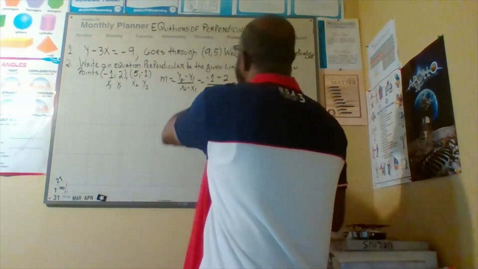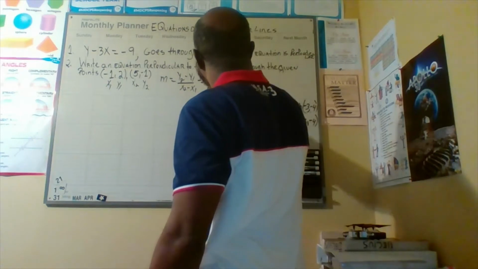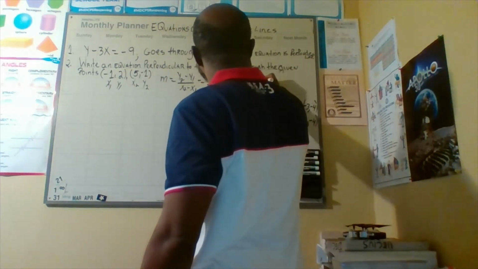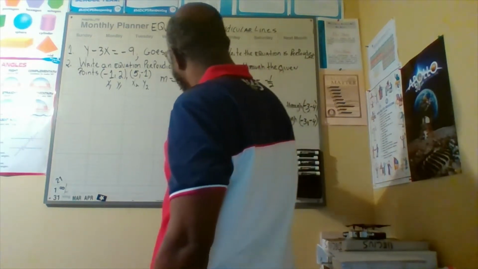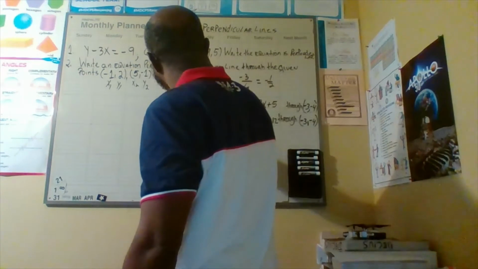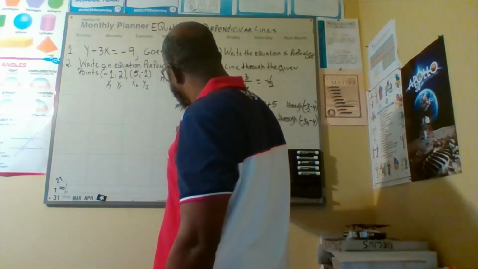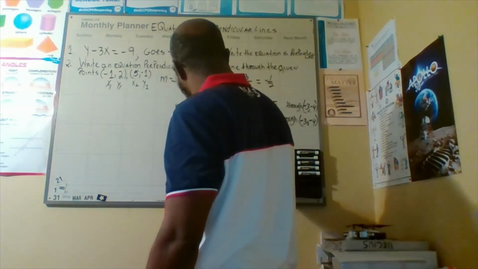In this case, I will have negative 3 over 5 plus 1, which is 6. So my slope m1 is negative 1/2. Remember, to find the perpendicular slope, m1 times m2 is equal to negative 1.